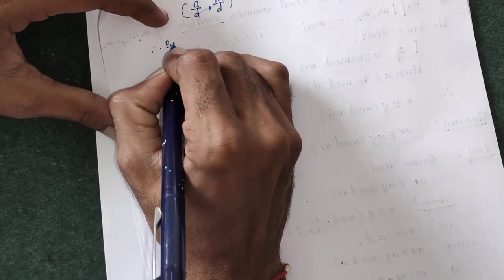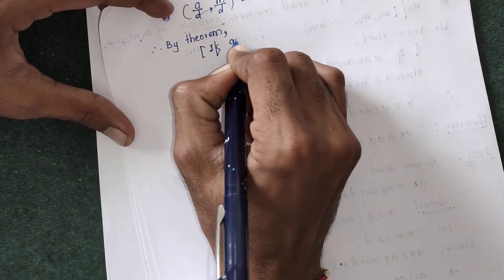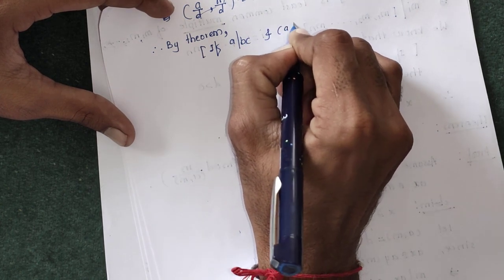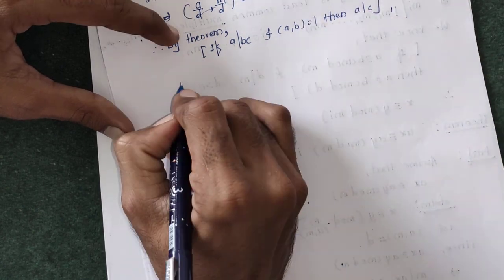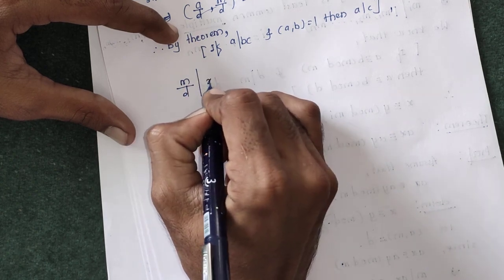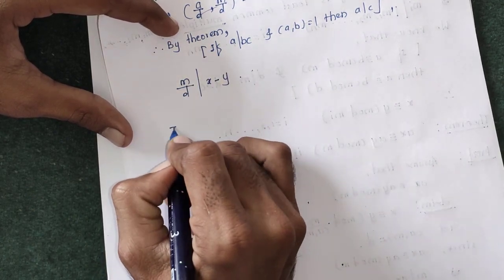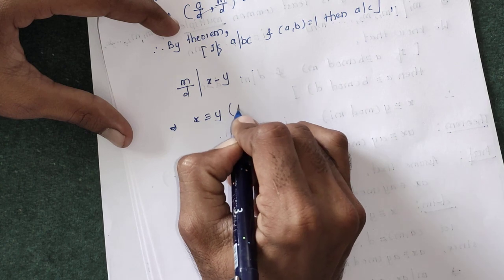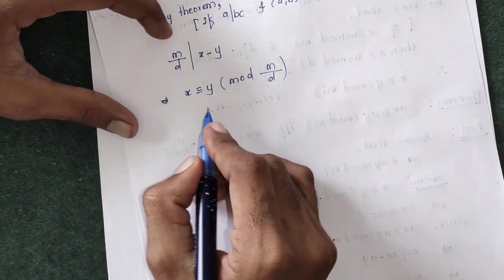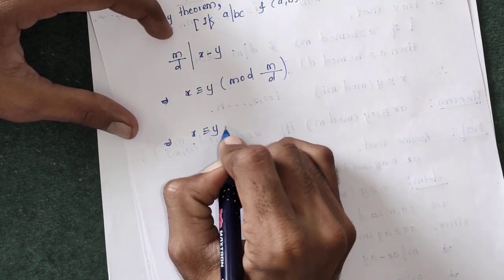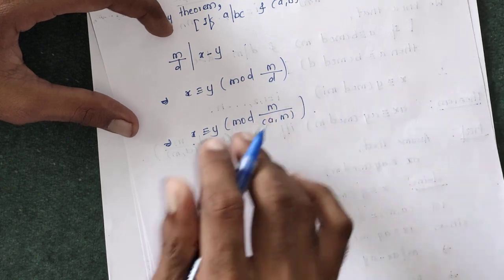Therefore, by theorem, using definition of congruence we can write it as x is congruent to y modulo m upon d, but our d is equal to GCD of a and m, hence we can write it as x is congruent to y modulo m upon GCD of a and m. Hence the first part is proved.